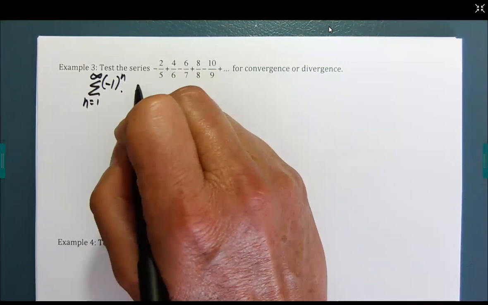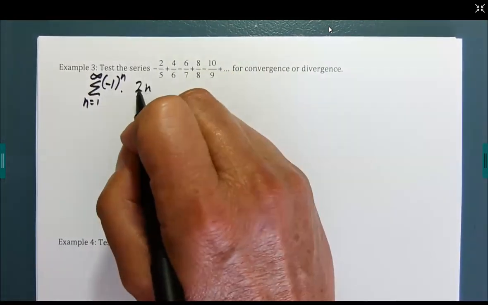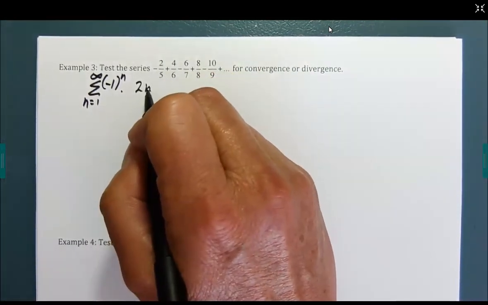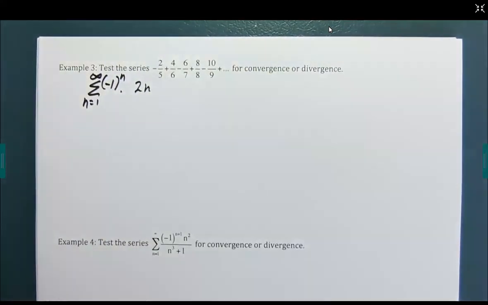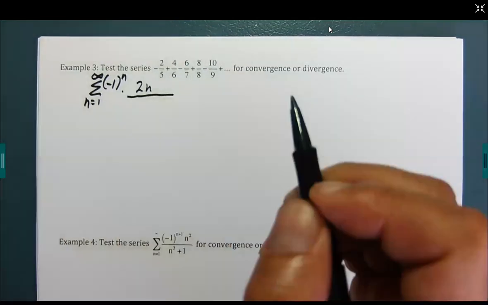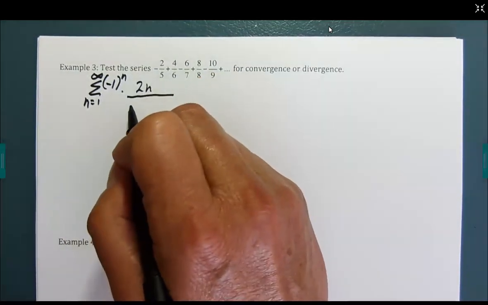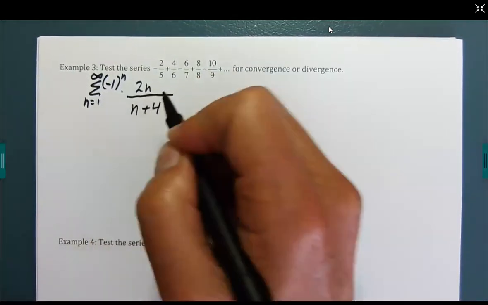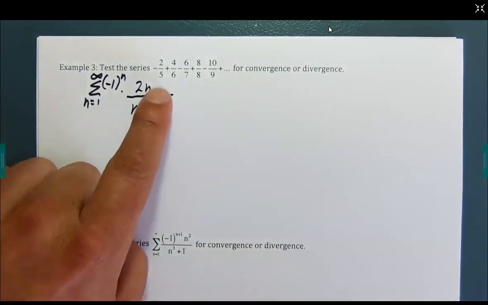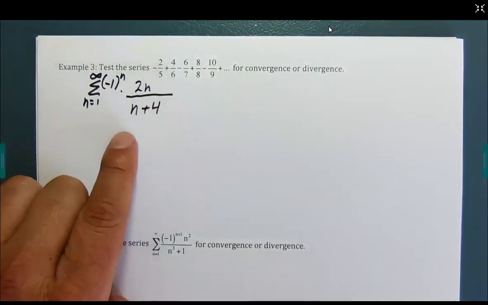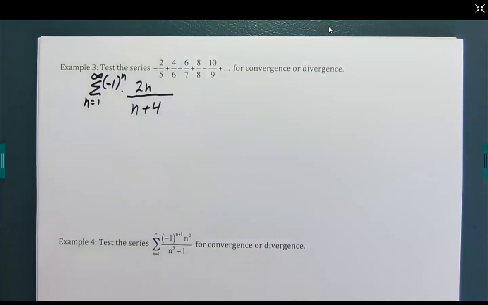Now up top, it looks like 2 times n. When n is 1, we get a 2. When n is 2, we get a 4. When it's 3, we get a 6, and so on. Over, now this is looking to me like this is going to be n plus 4. 1 plus 4 is 5. 2 plus 4 is 6. 3 plus 4 is 7, and so on.